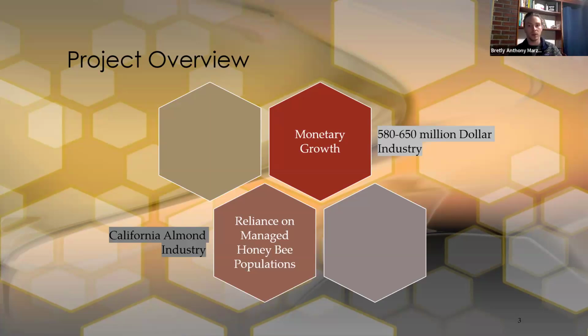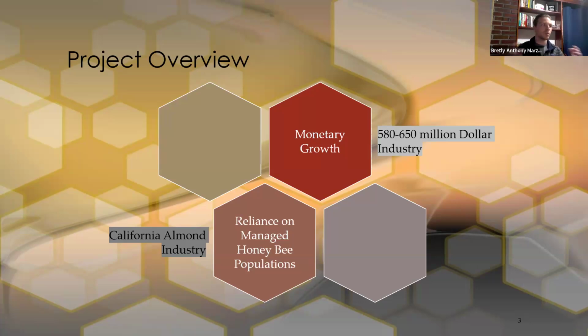So there's a reliance on yielding as much as they can. They bring in managed honeybee colonies either on property or transport them there to make sure they can get the highest yield possible. So monetary value wise, this industry is growing.